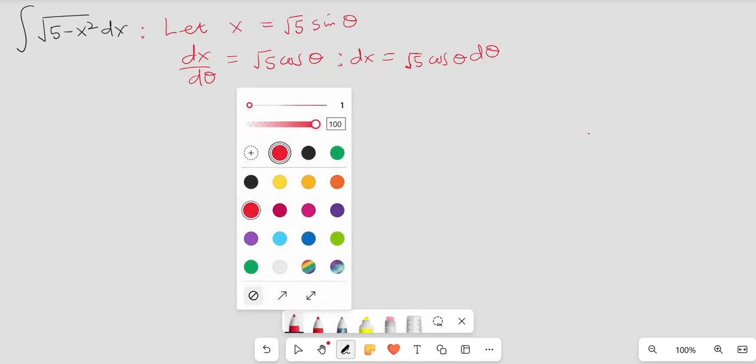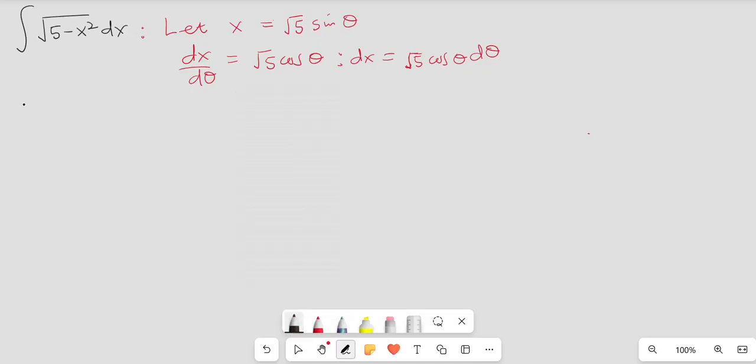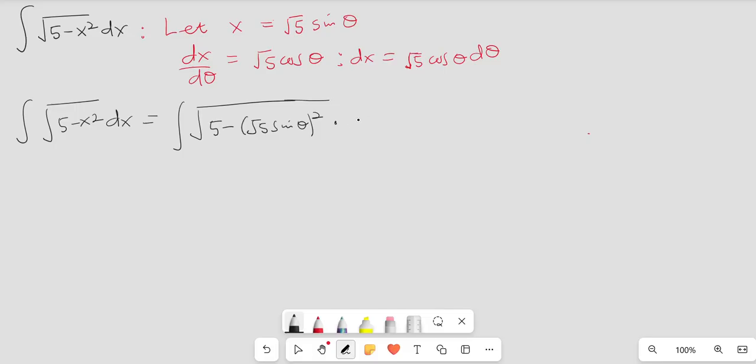So we can take everything from the x world into the theta world. The integral of the square root of 5 minus x squared dx is equal to the integral of the square root of 5 minus x squared, where x is the square root of 5 sine theta, squared, times dx, and dx is the square root of 5 cosine theta d theta.